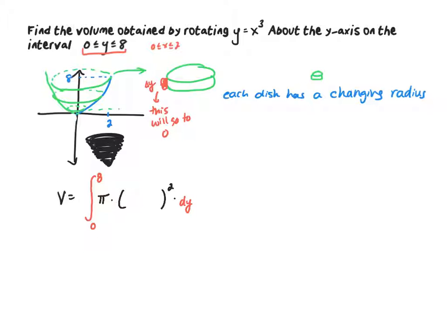Now, what we need to do is think about how that radius is going to be squared. What we notice here is that the radius of all these disks is just the x value of that curve. So this is like the radius of 2. This radius right here would be 1. I want to represent this radius in terms of y, though, because that is the variable of integration.